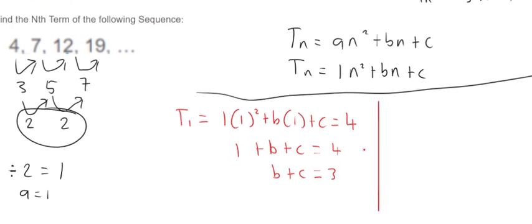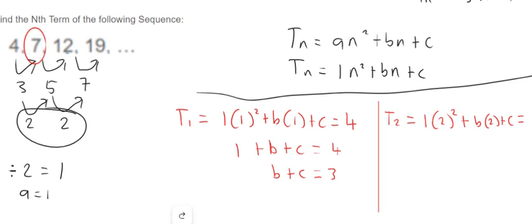So we'll just take T2 then. So let's put a 2 in everywhere. So it's 1 times 2 squared plus b times 2 plus c. That has to be equal to our second term in the sequence, which is 7.